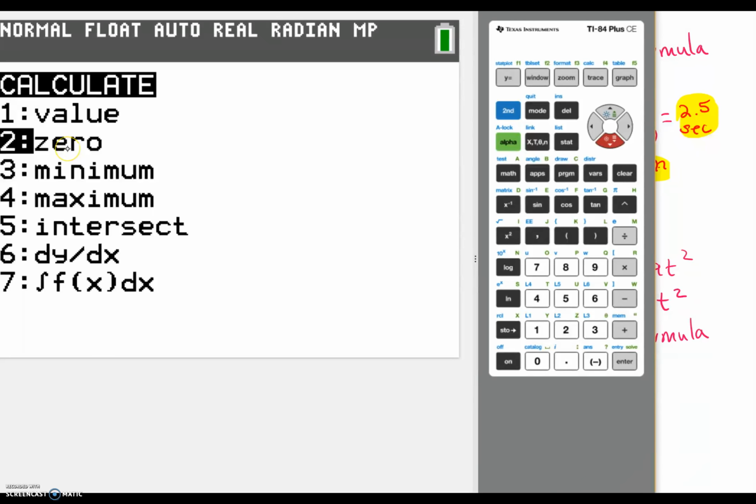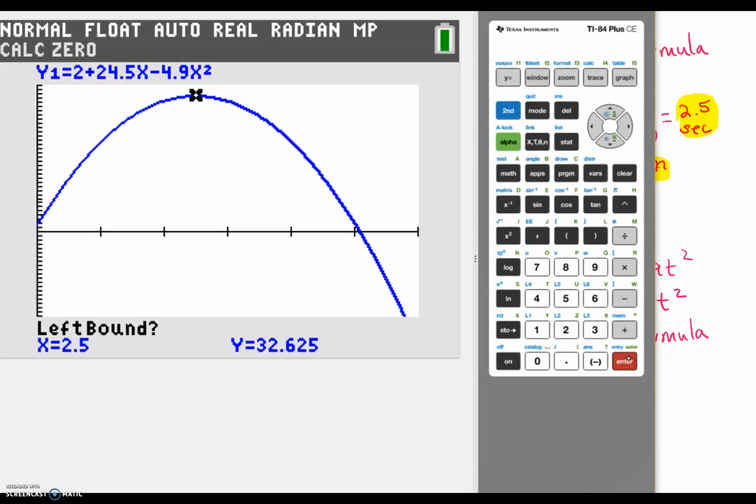So push enter, and it's saying left bound. So I'm going to go somewhere to the left of the x-intercept, or the t-intercept in this case, right about there, which is near where it hits the t-axis. I push enter.